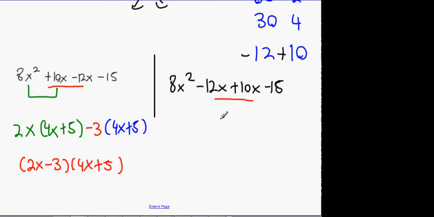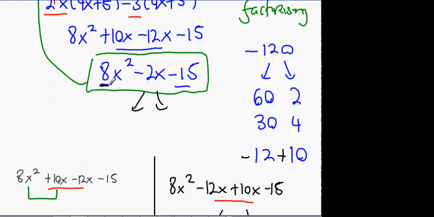Okay, guys. Can you try the question again? Just give me a second. We're doing it again anyway. Alright? So look. Step 1. Multiply the number in front of the x squared by the number at the end. You get minus 120. Step 2. Think of numbers that multiply together to give you 120, and when you add them together, they turn into minus 2.